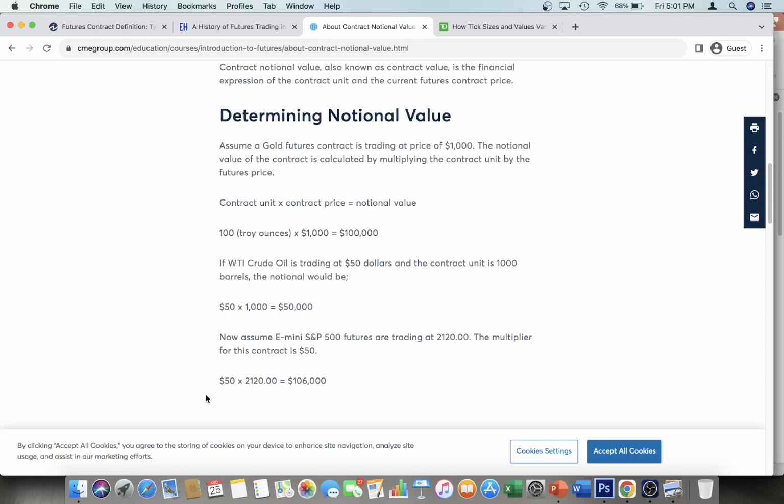Today, I think the S&P is at around 4,100. No, I think it's 4,300. So if it's 4,300 times 50, we're looking at maybe over $250,000. Let's do the exact calculation to find out. 4,300 times 50. Yeah, $215,000.